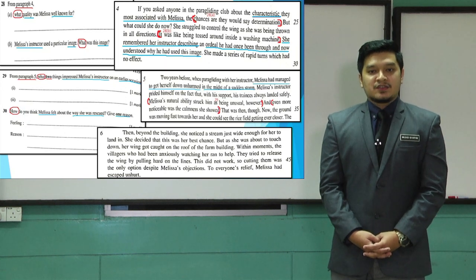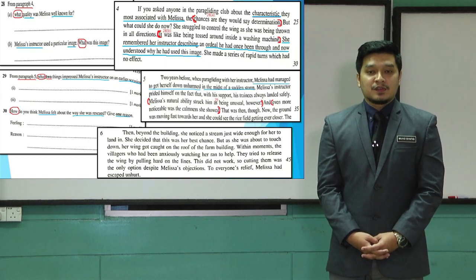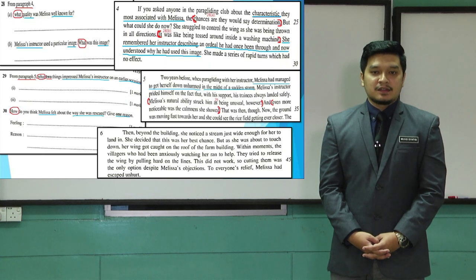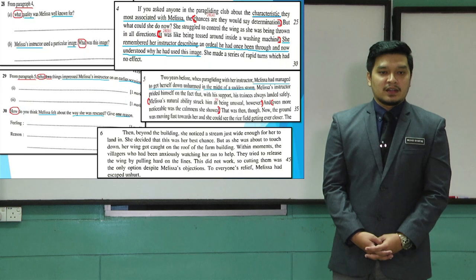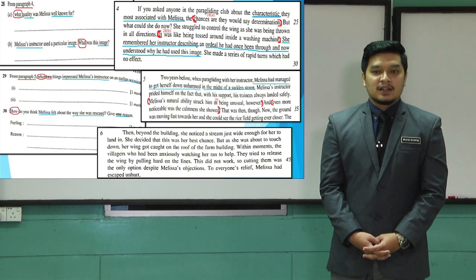Melissa's natural ability struck him as being unusual, however. Okay, so that is something that struck him. So the first thing is Melissa's natural ability. So you write down in the answer section Melissa's natural ability. We need to look for another thing that impressed Melissa's instructor.